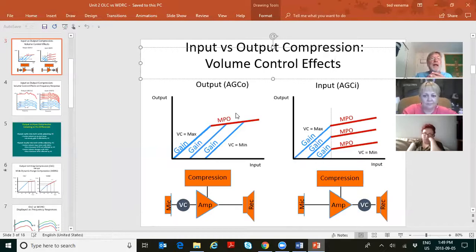I probably won't put any questions on a quiz or final about input versus output compression, but I'm going through this to drill home how to read the graphs. It's deadly important that you can read a graph, because that's what separates audiologists from the run-of-the-mill HIS. And audiologists kind of look, well, hey, they don't know how to read that stuff.